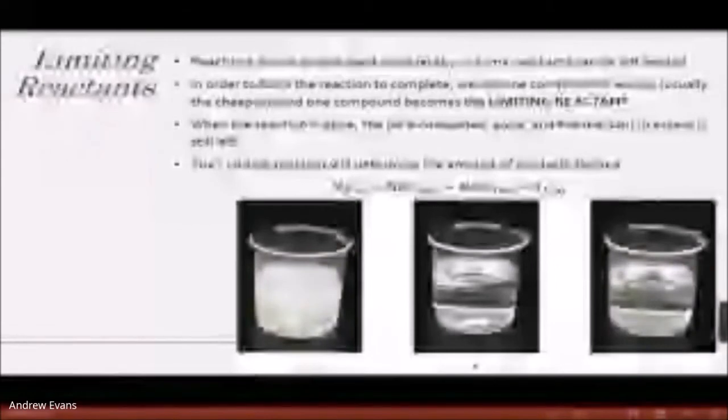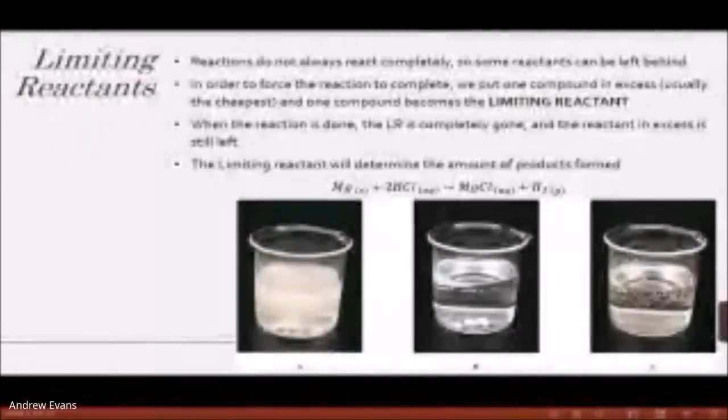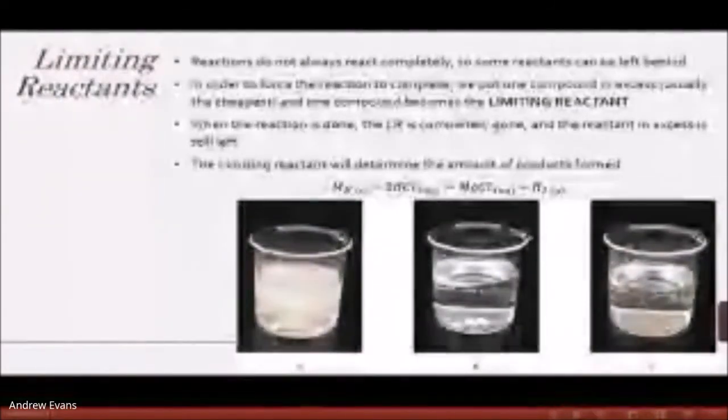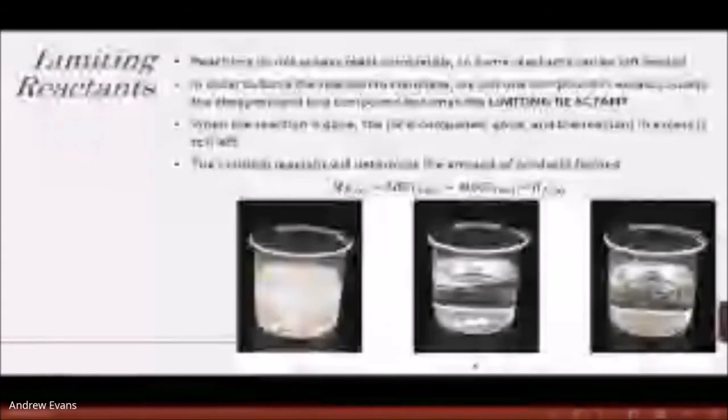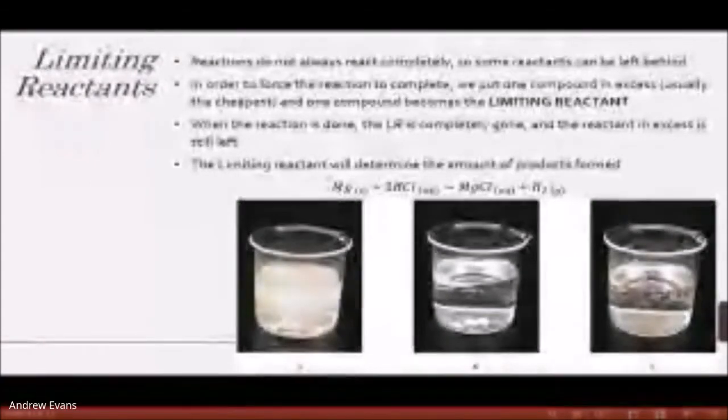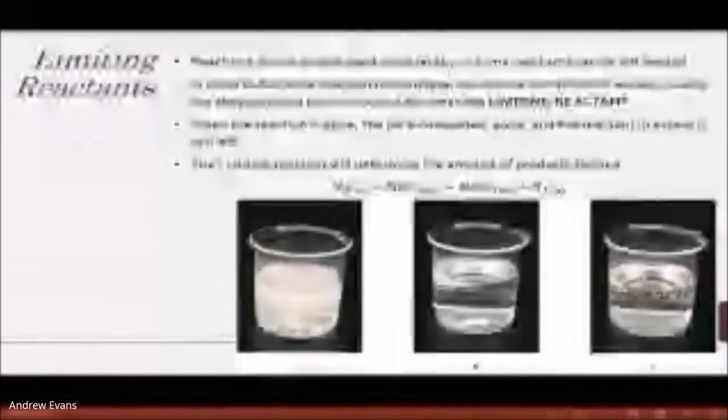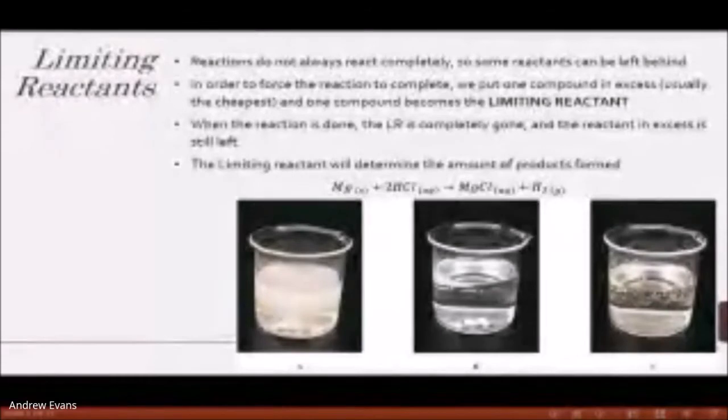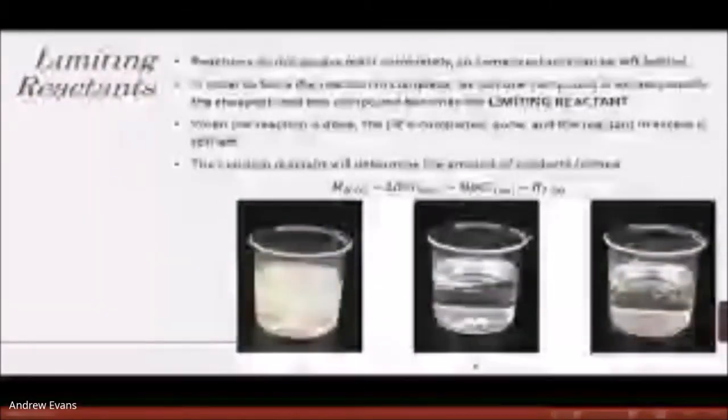We're going to use the limiting reactant to determine how much product is formed. So whenever we're given two different masses of two or more reactants and asked how much of product A could be formed, we must always consider the limiting reactant as the limiting factor. So in this case, say I wanted to make hydrogen gas.